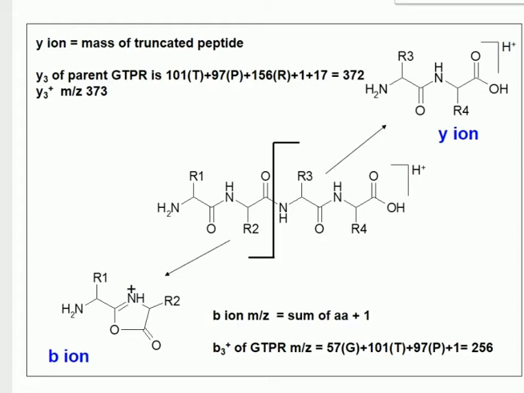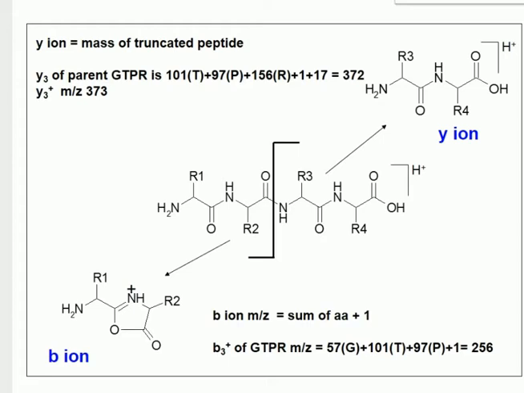To calculate the mass to charge of that, we take the mass of the threonine residue, the mass of the proline residue, and the mass of the arginine, plus we'd need 1 for the hydrogen that's at the N terminus, plus the 17, which corresponds to the OH at the C terminus, so here and here. And then obviously it's charged, so we need the mass of the proton.